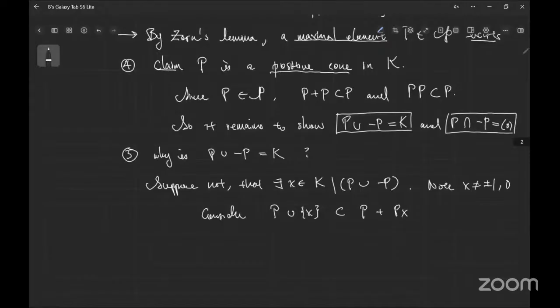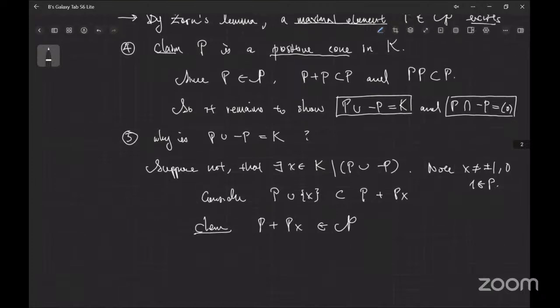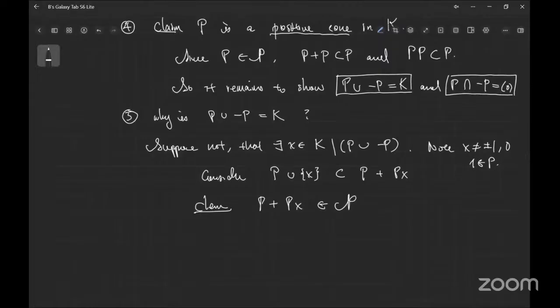Certainly, the set P plus PX contains P and contains X because one is in P. We claim that P plus PX is actually part of our collection. And that's going to violate our maximality condition. So we're going to need to prove this. This is our main claim, that this is part of our collection.